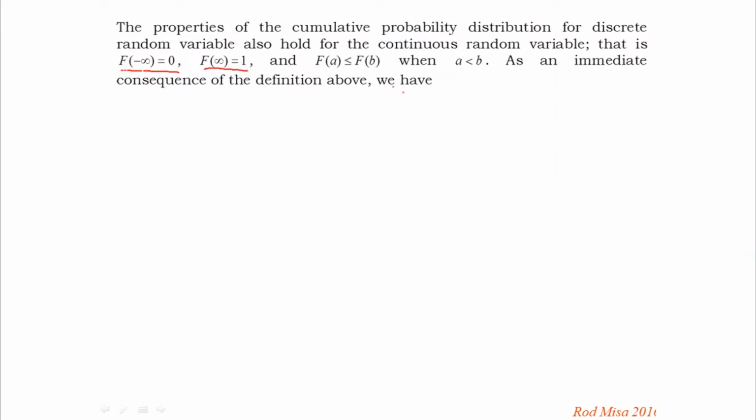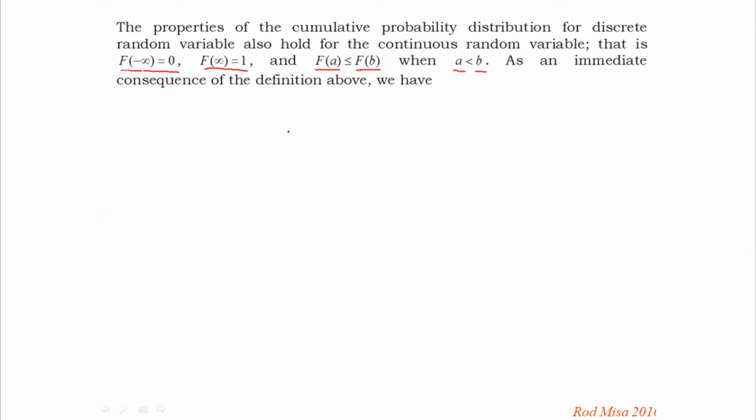And for any random variable a and b, wherein a is less than b, the cumulative distribution function value of a must not be greater than the cumulative distribution function value of b. In other words, the cumulative distribution function is a monotonic function.